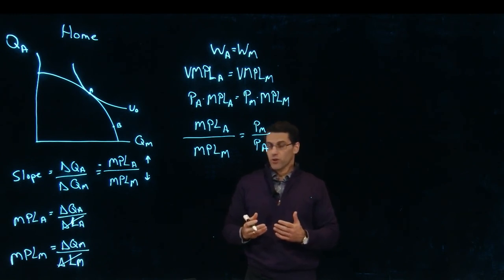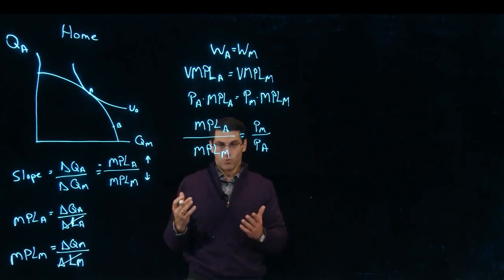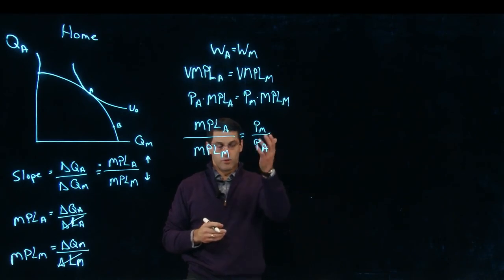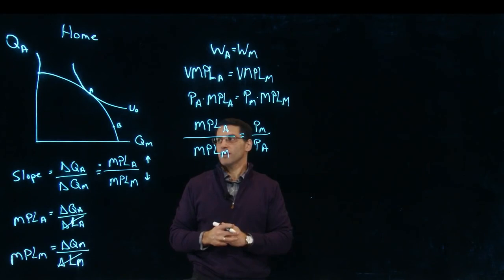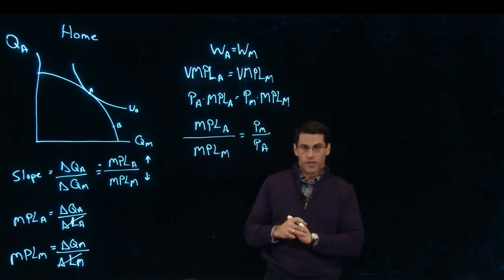So in other words, the slope of the PPF, once again, just as it was for the Ricardian model, is the ratio of the prices. Price of the good on the x-axis over the price of the good on the y-axis. So this is our full setup for the model without trade.